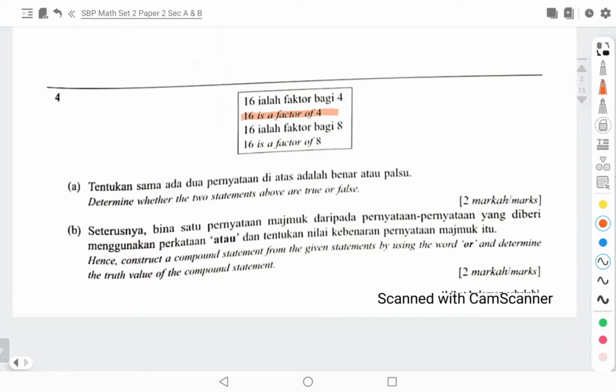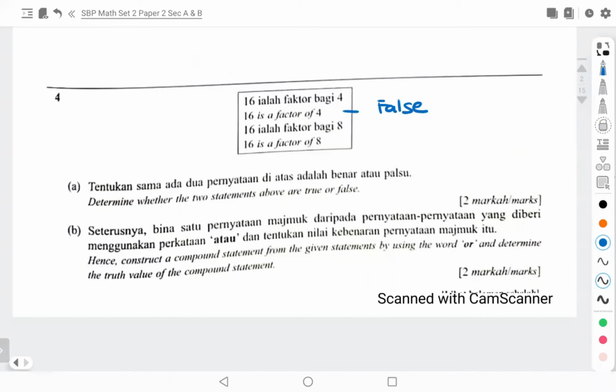True. Okay, over here it means 4 can be divided by 16. Is it true? No. Okay, the sequence is important. So this is false.